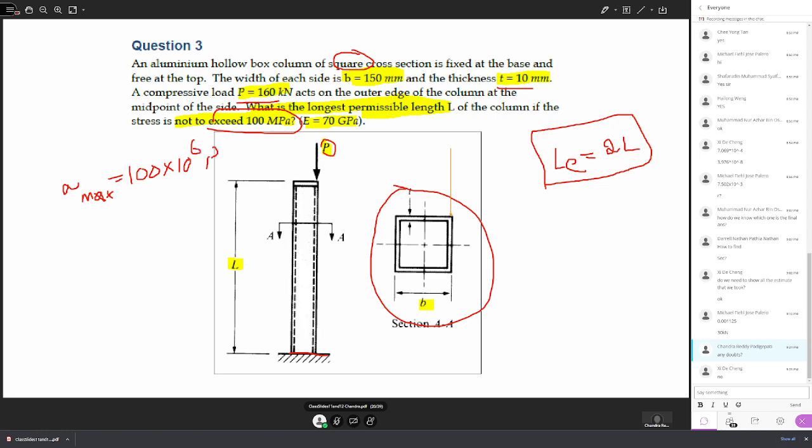So here, the load is not acting at the centroid of the cross section. So therefore, we need to use the secant formula. We need to use the secant formula. So first things first, can you calculate the section properties?